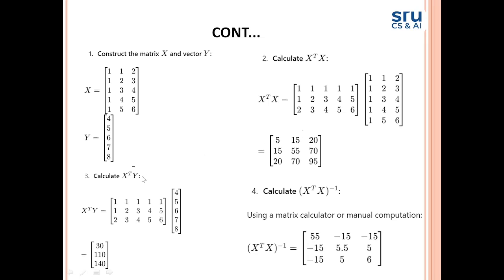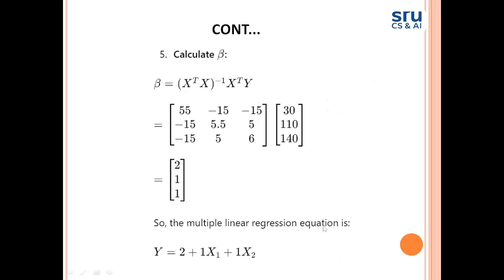Then we compute X transpose Y. X transpose is this matrix, Y is this matrix. When we do this simple multiplication, we get this matrix. Then we calculate the inverse of X transpose X, using a matrix calculator or manual computation. We get this matrix.